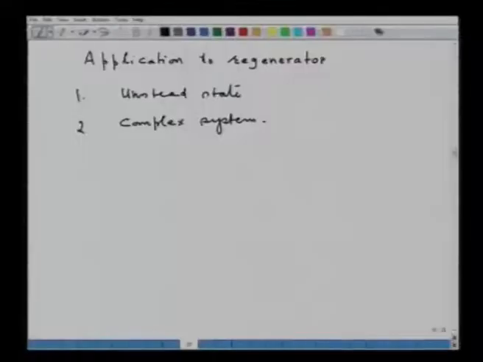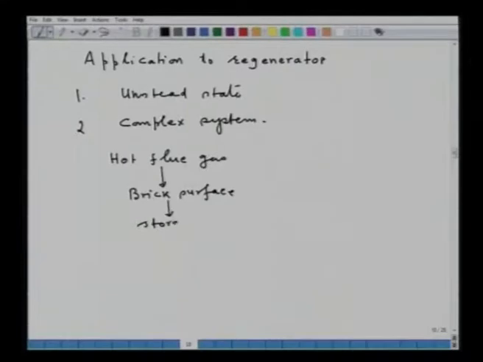That means, how is the heat transferred in the case of a regenerator? Say we have hot flue gas. From the hot flue gas the heat is transferred to the brick surface, and from the brick surface to storage in the brick, and then again to the brick surface, and eventually to cold air.